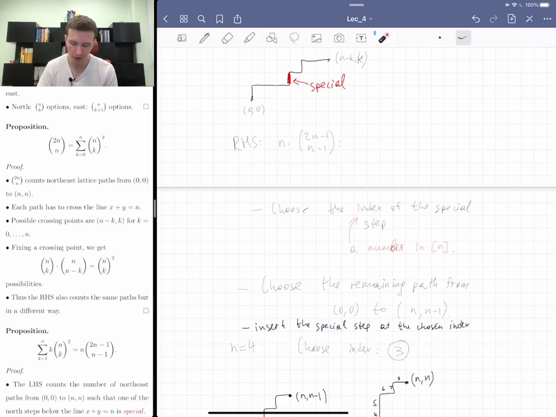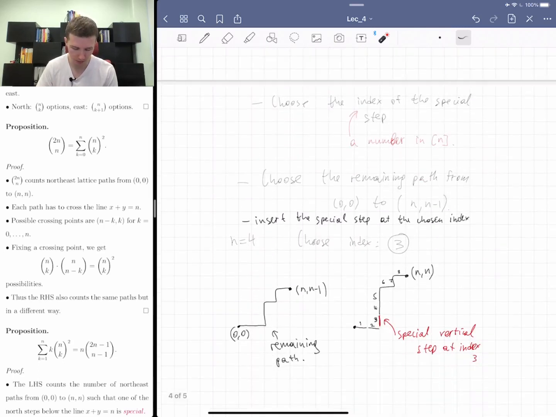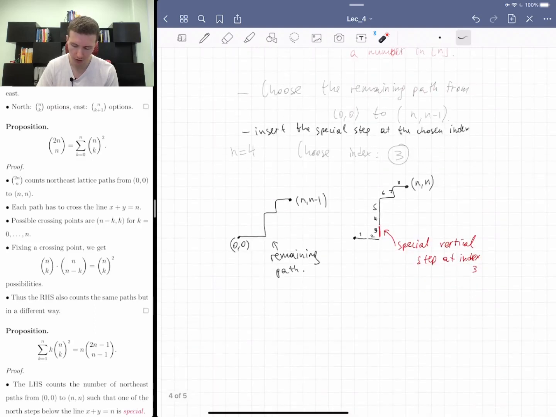And now, of course, they are in bijection. To recap, the right hand side counts all paths from 0, 0 to n comma n which have one special vertical step, and that special vertical step has to appear among the first n steps.